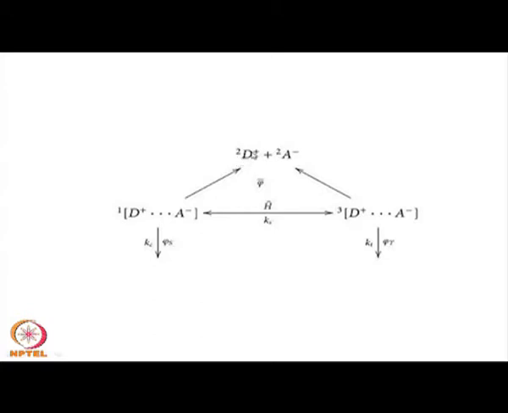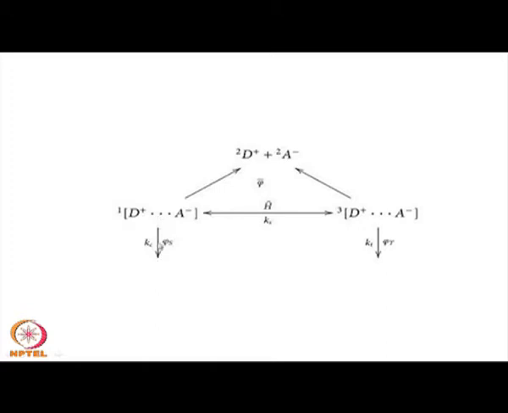Free radical means there is no spin correlation with respect to singlet or triplet; the overall spin is not due to both of them, but due to this one being 2 and this one also being 2. So, it is a doublet state, and this is also a doublet state free radical. So, from the singlet DA pair you can in principle get this doublet D plus and doublet A minus, and also from the triplet you can get this.